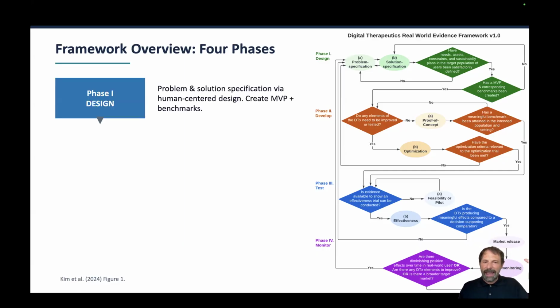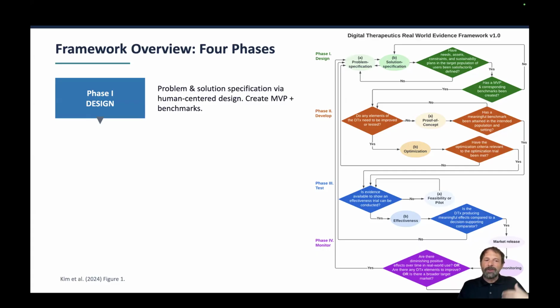Right. So just to tag it at a high level, and we'll go into each of these phases in more depth. The first phase is design, right? It's really around defining clearly what your problem and your solution actually are using human-centered design strategies. Critically, the goal is to create a minimal viable product and benchmarks that you can then use to judge if you're actually solving the problem with fidelity.